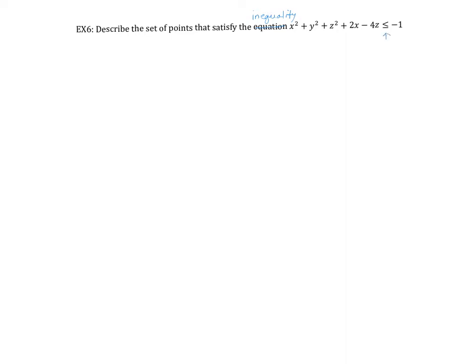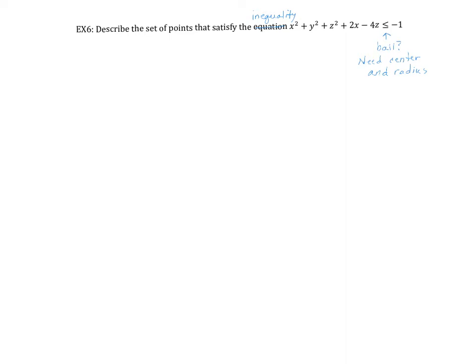So I'm thinking that it's probably going to be a ball. So if it is a ball, I'm going to need the center and I'm going to need the radius for me to write the equation.